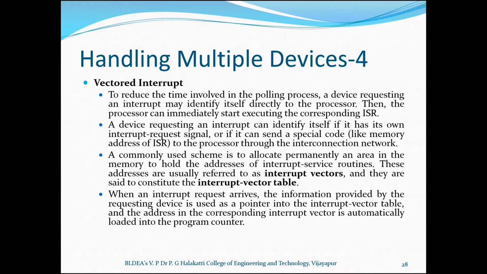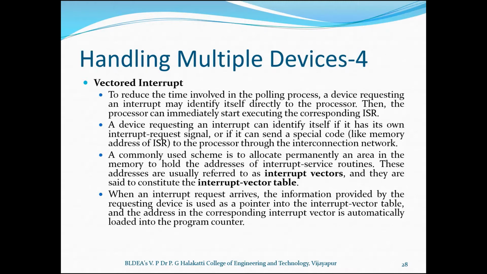Whenever an interrupt occurs, along with the interrupt signal, the device itself will identify itself by giving its device code or device address. Depending on that, the processor will identify the device and its particular interrupt service routine will be executed.